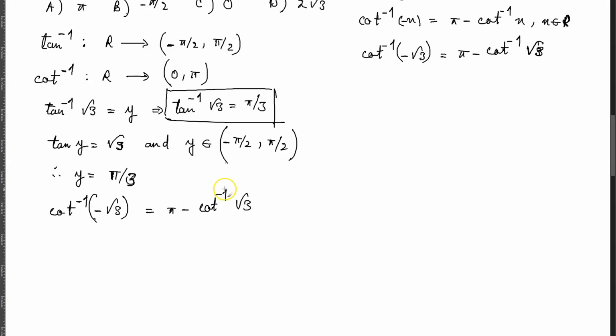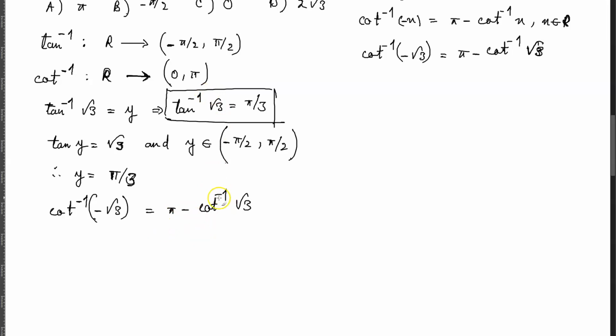Now, again, to calculate the cot inverse of square root of 3, you know that the range of the cot inverse function is 0 to pi, right? So whatever you get as an evaluation of this expression, it has to be somewhere between 0 and pi.